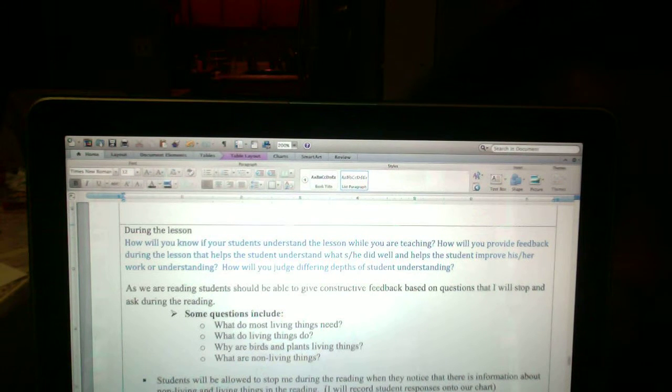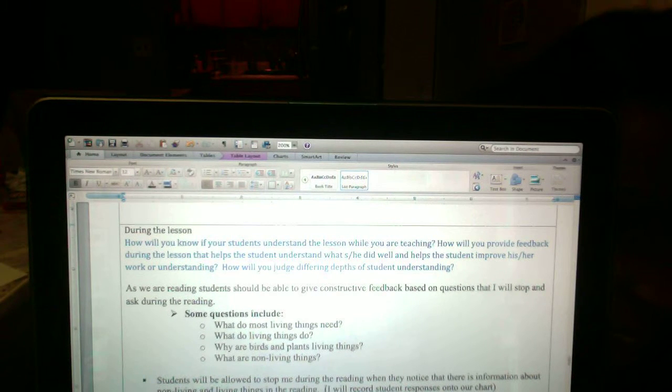So again, throughout the lesson, I know that there will be opportunities for me to give constructive feedback and see, based on how they're responding to questions, why things are classified as living and non-living things.